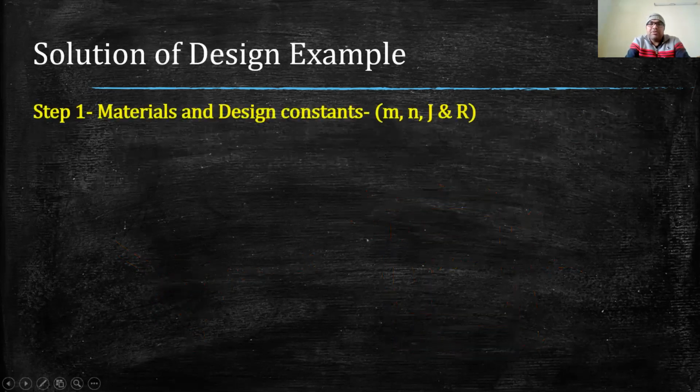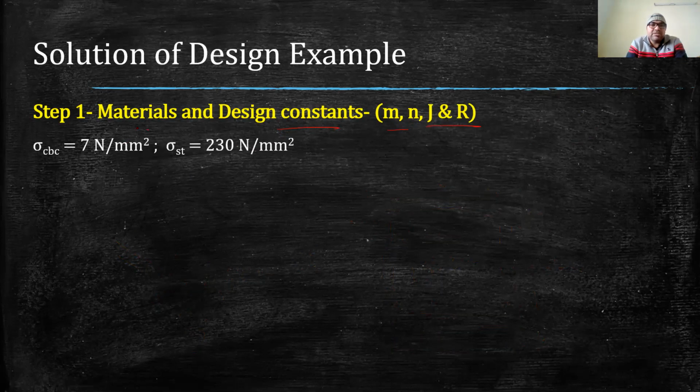So the first step would be to find out the materials and design constants, which are M and J R. Now M and J R are dependent on the permissible stresses, which are sigma CBC and sigma ST. So for M20 grade of concrete, the value of sigma CBC is 7 Newton per mm square, and I have already explained the process in the lecture of the beam design, so you can refer to that.